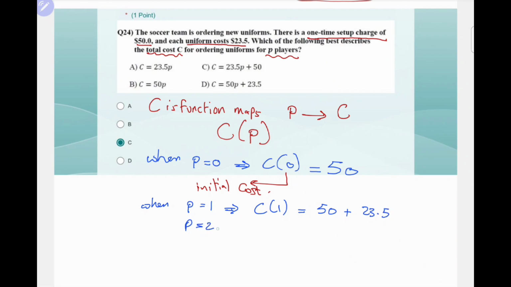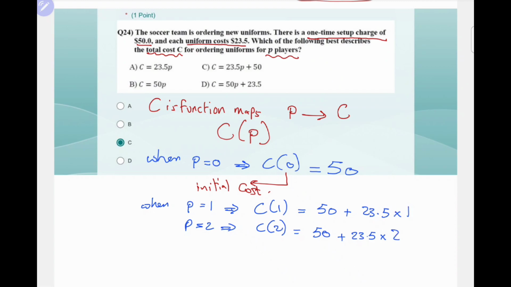When P equal to 2, we have that C of 2 equal to, suppose you want to make two uniforms, so you will have 50, the one-time setup charge, plus 23.5, the price of one, times 2 players.